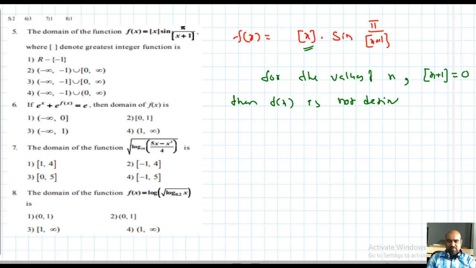Not defined means not a real number. So now we want to know for what values of x this happens. Step x plus 1 equal to 0.